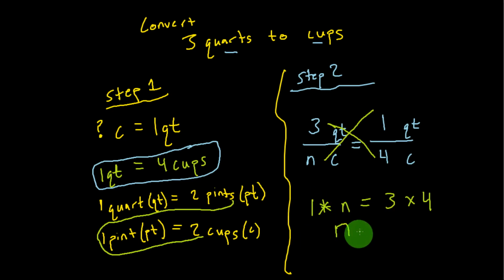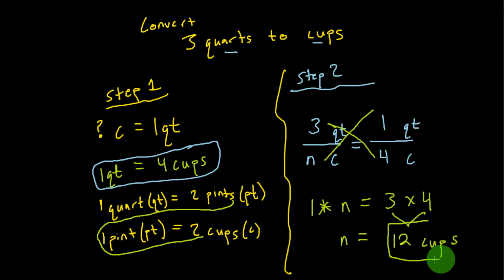So I really have n. Let's fix that in to make it look a little neater. So n is equal to 3 times 4, which is 12. But we've got to plug in the correct units, and since we're converting to cups, n is equal to 12 cups. In this problem, 3 quarts is equal to 12 cups. Cool stuff. Let's take a look at one last problem.